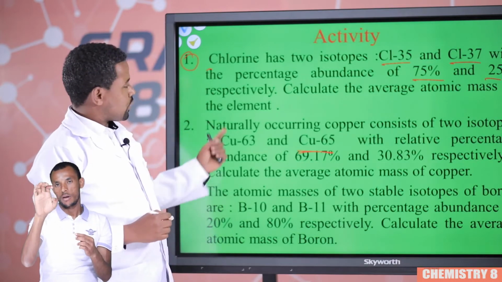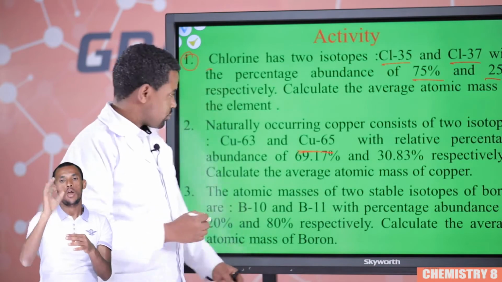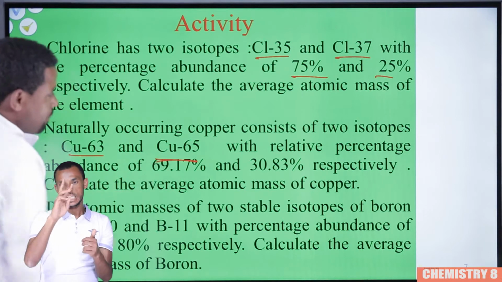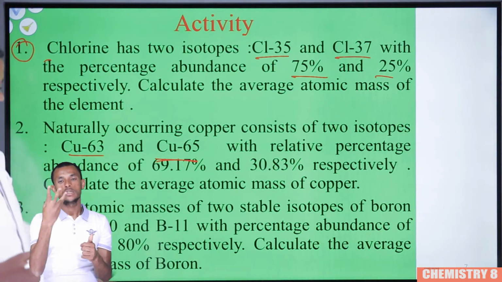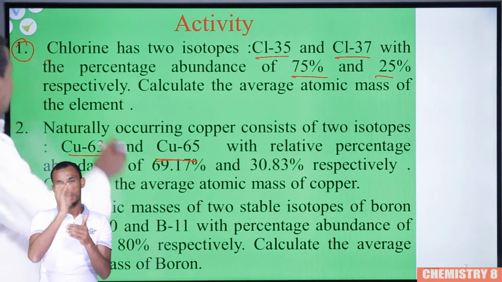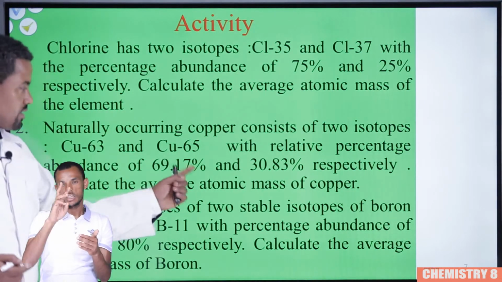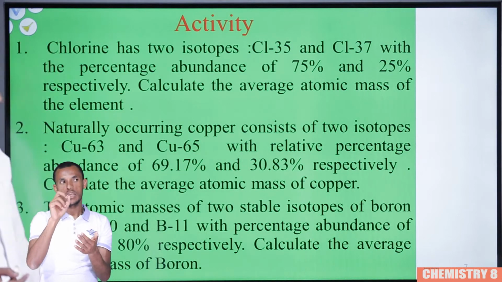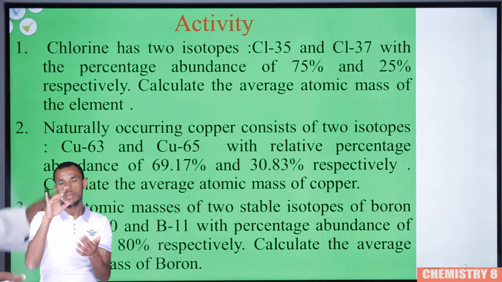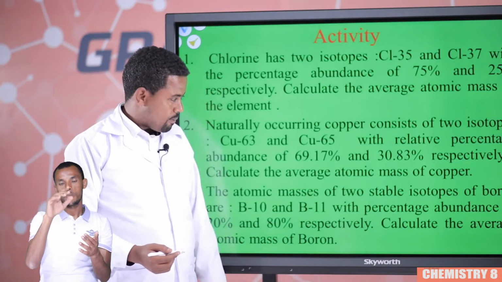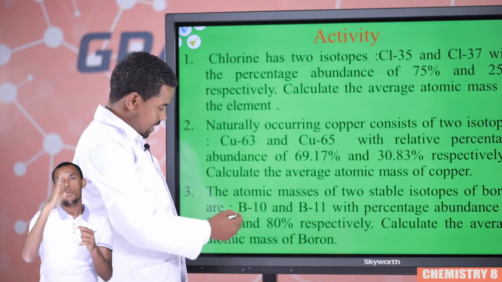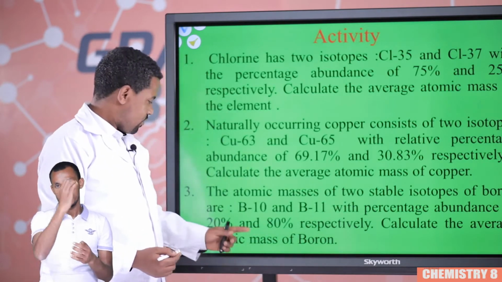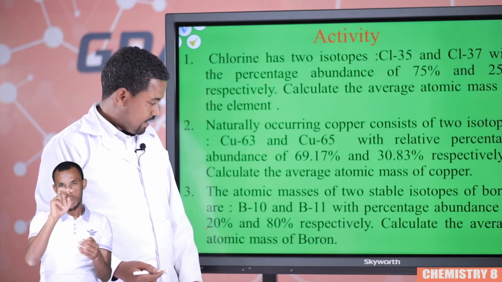And the other one: naturally occurring copper consists of two isotopes, which are copper 63 and copper 65, with relative percentage abundance of 69.17 and 30.83%. The third question: the two stable isotopes of boron are boron 10 and boron 11, with percentage abundance of 20% and 80% respectively.